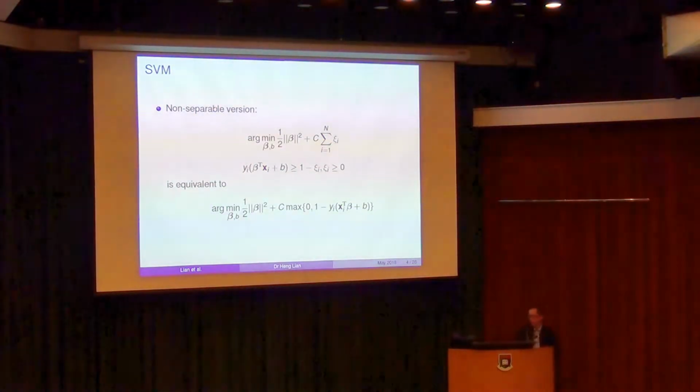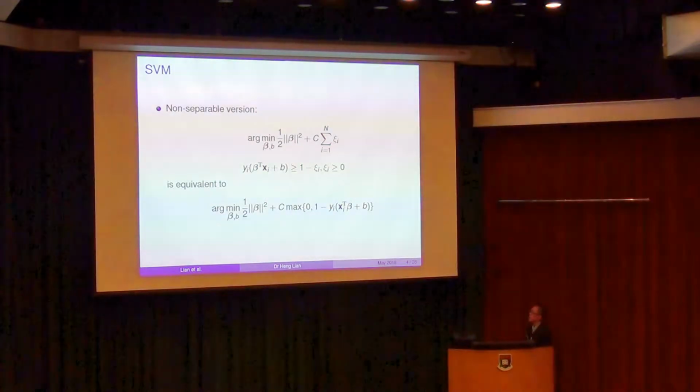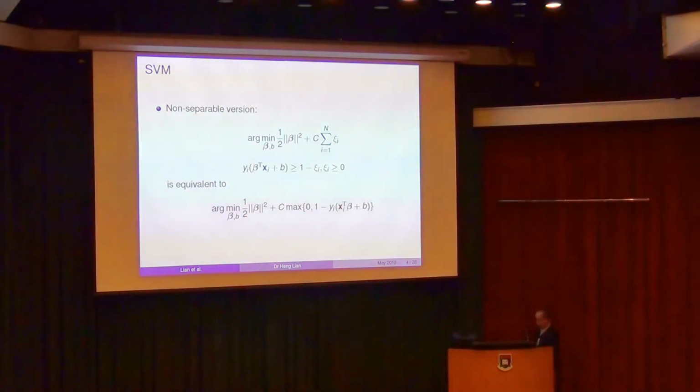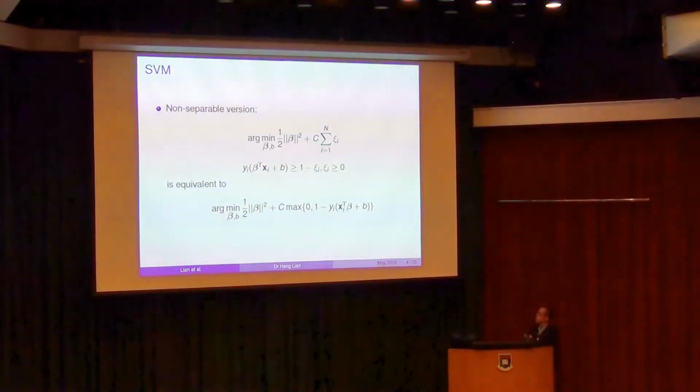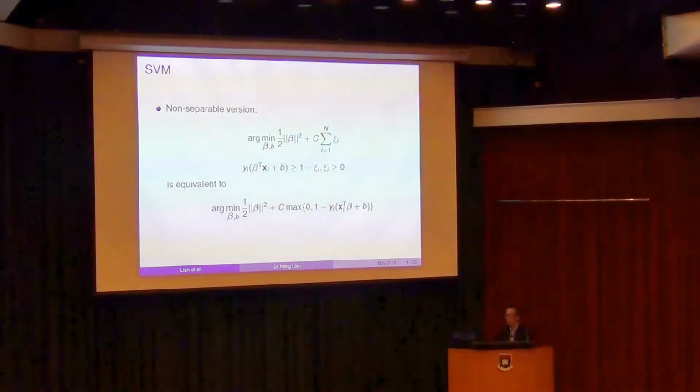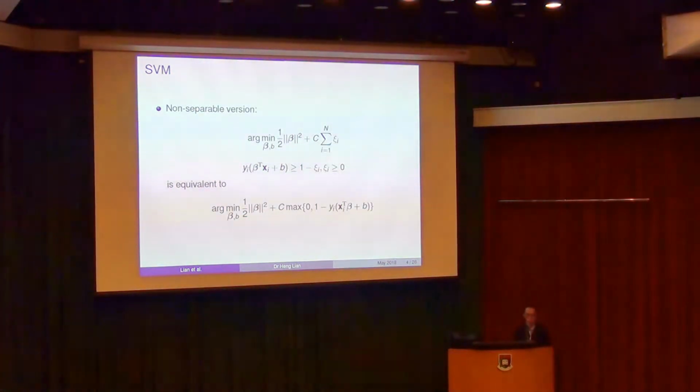But for theoretical analysis, we slightly prefer a different formulation by transforming the constraint optimization to an unconstrained one, just by combining the constraint with this sum into this form. So it's not too hard to see these two formulations are actually the same thing, because in order for the constraint to hold, usually we have equality.